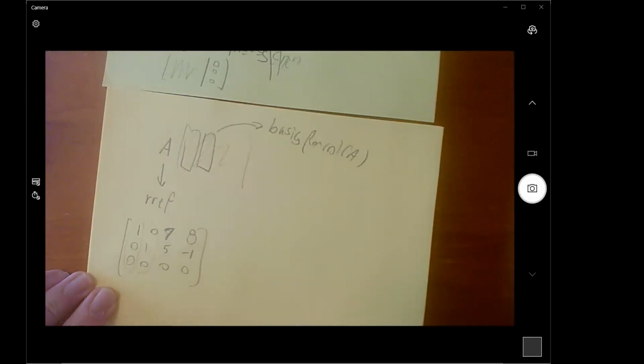Okay, row space is about the rows. Because you've done some row swaps and stuff, there's no way of guaranteeing that these match with the original rows, but that's okay because the actual final rows where the pivots are, they are a basis for the row space.